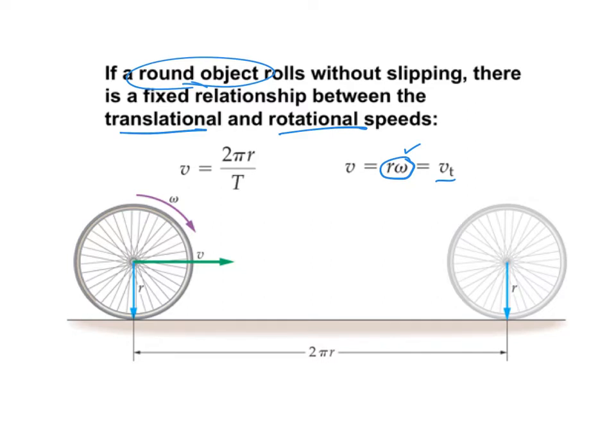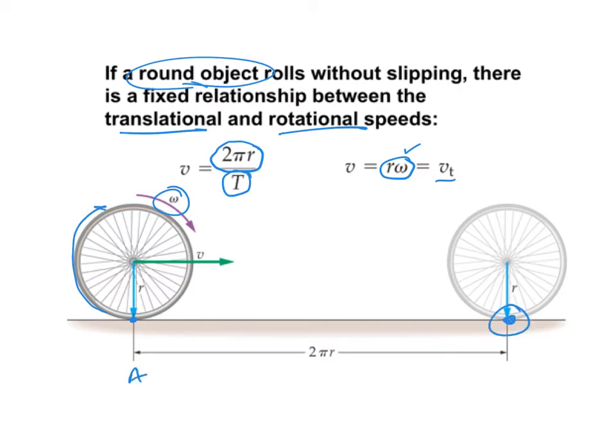For instance, let's say this is rolling without slipping. You've got a contact point right here. As the wheel is rolling in one period, that's one full revolution, the distance it travels is one circumference. So this point is going to go all the way around, and it's going to be back down at the bottom when the wheel is at this point over here.